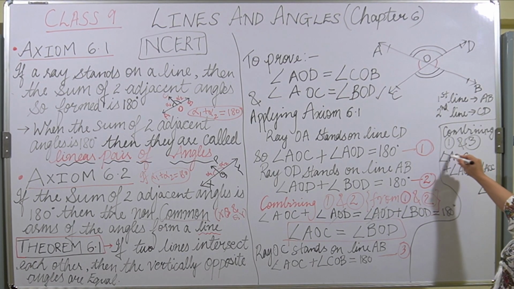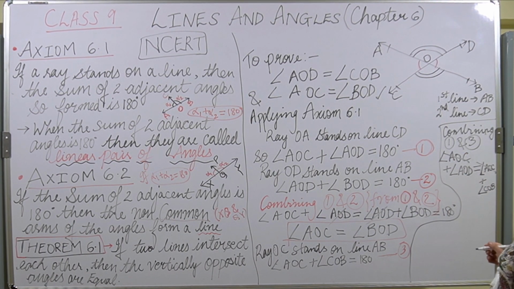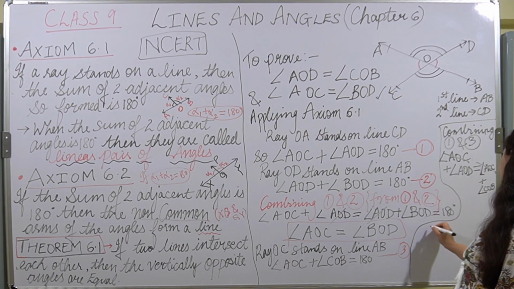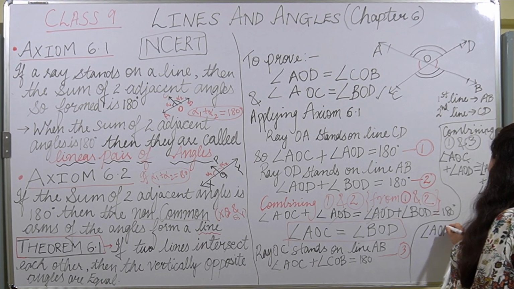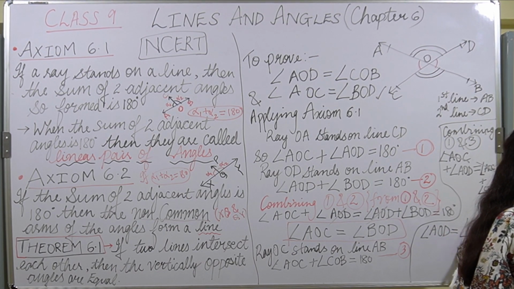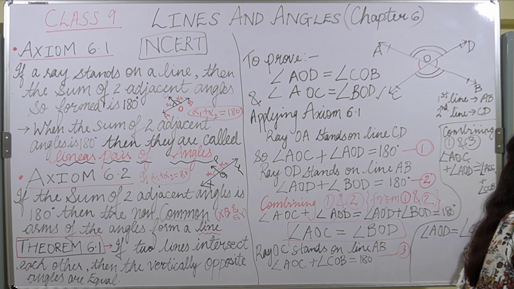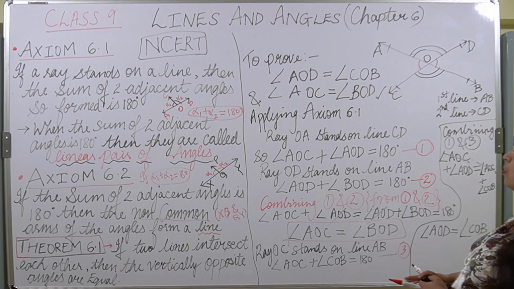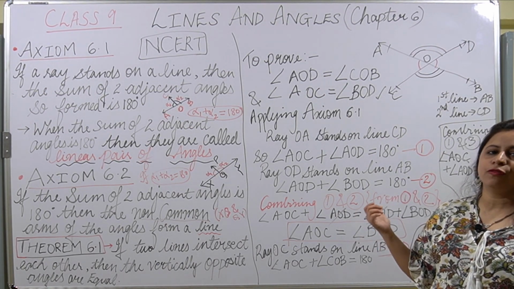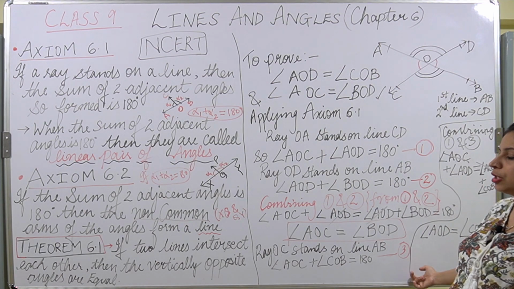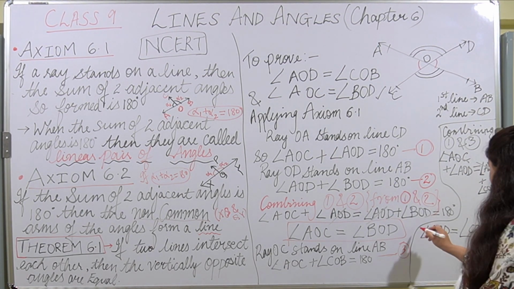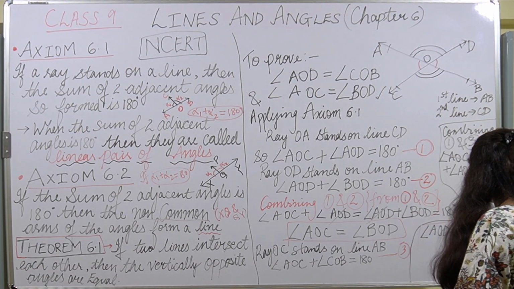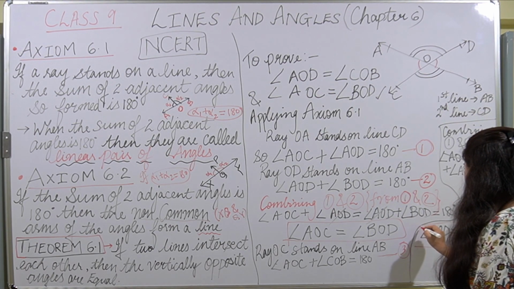So again the AOC gets cancelled, and ultimately I get angle AOD equal to angle COB. This forms my second pair of vertically opposite angles, which also comes out to be equal. So I have proved both the vertically opposite angles to be equal.